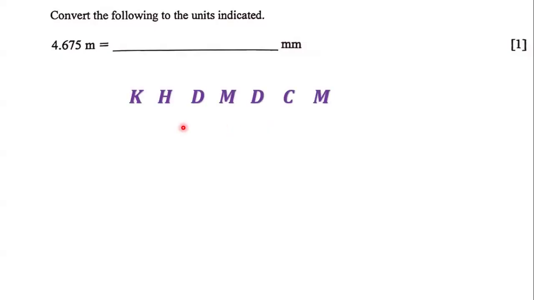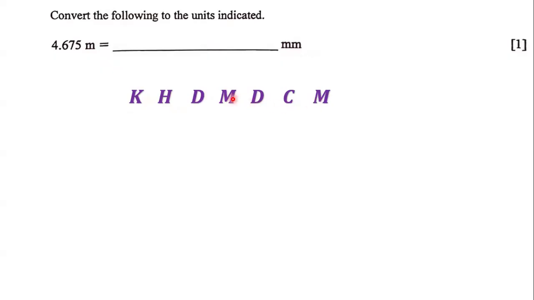Okay, so we've got to move. We have the acronym King Henry Died By Drinking Chocolate Milk, the meter stays in the middle. We want to move from meters to millimeters. Both of them start with the same letter, so it might be confusing.